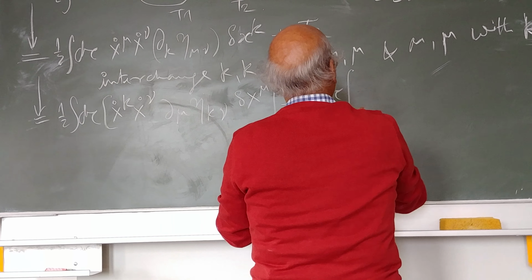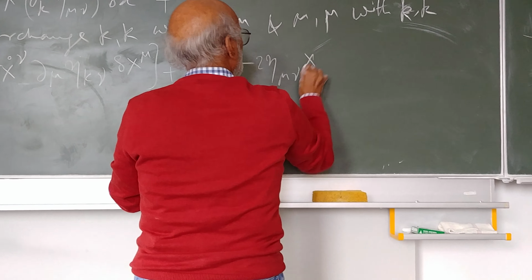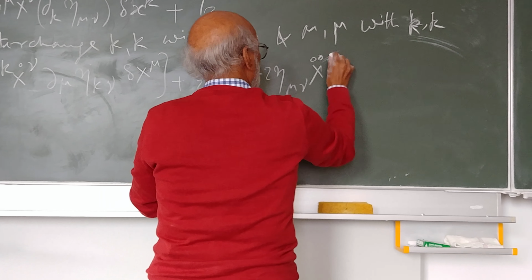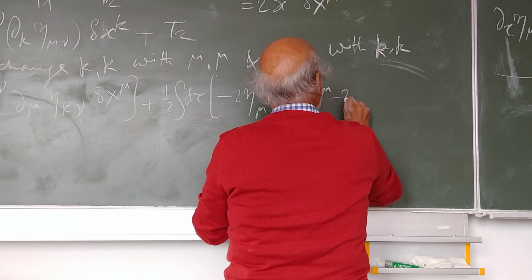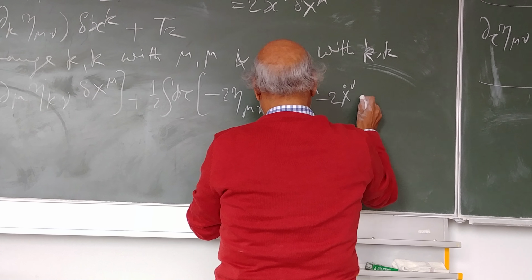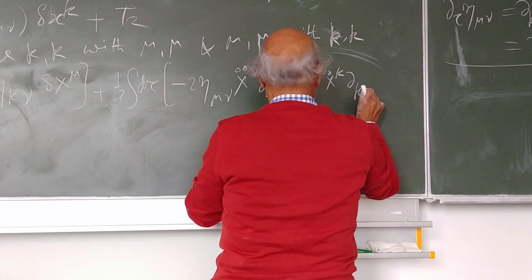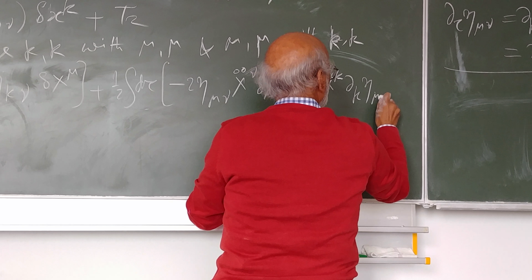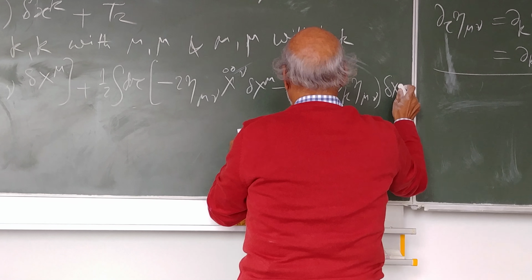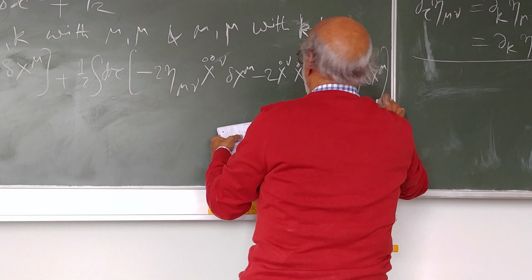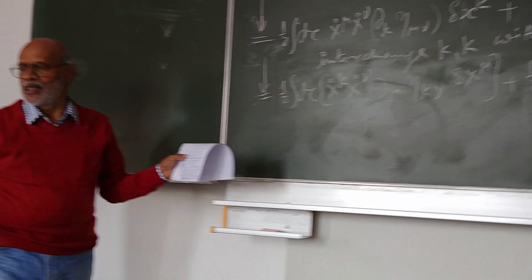1/2 d tau minus twice eta mu x double dot mu delta x mu minus twice x mu dot xk dot del k eta mu times del x mu. Okay, so this is my entire result.